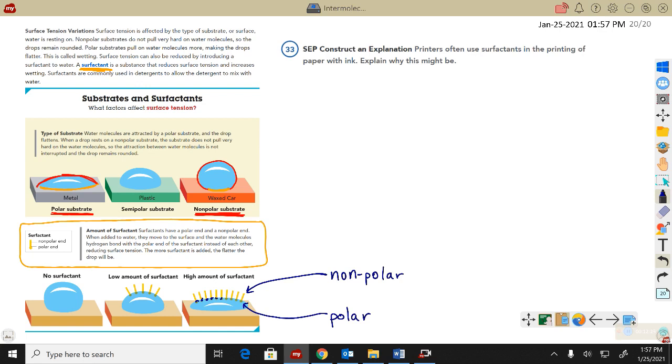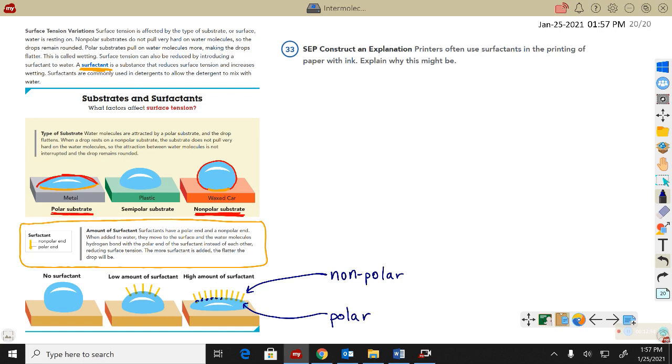It attracts itself to the water molecules, but then the nonpolar end of the surfactant would be attracted to a nonpolar molecule like an oil or a fat or a grease. Again, these surfactant molecules link the water to the oil or grease, which then lets me rinse away the grease with extra water.